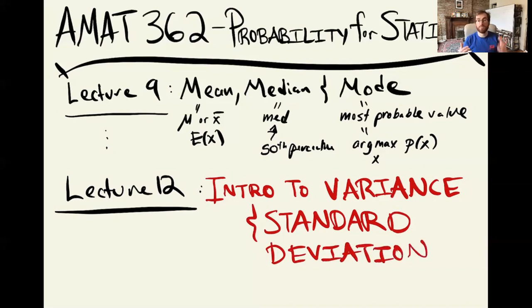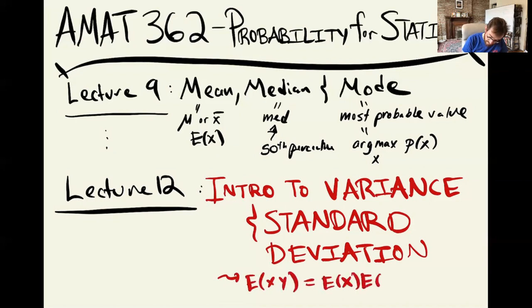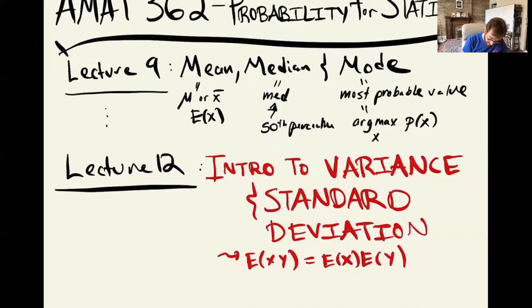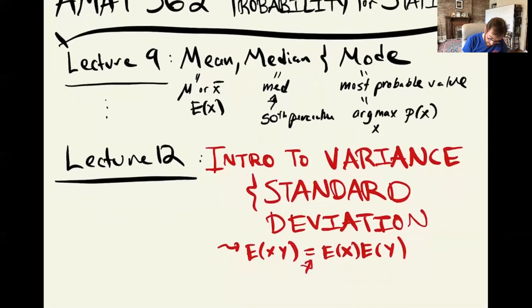And we'll also see good reason to consider two other related concepts, which is namely that the expectation of the product can only be the product of the expectations in the case where x and y are independent. And so we'll be considering this situation. This is only for independent.